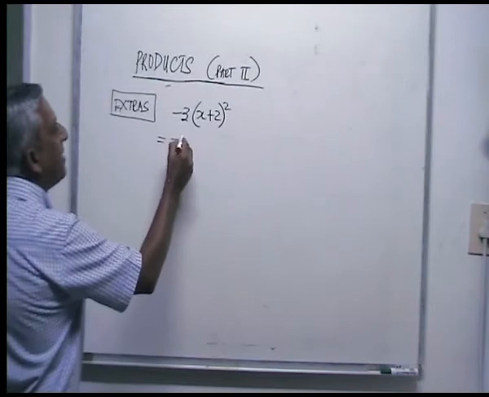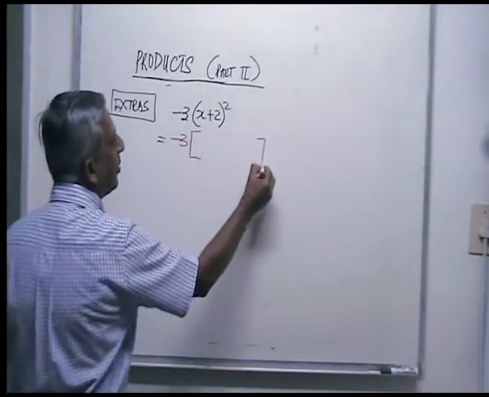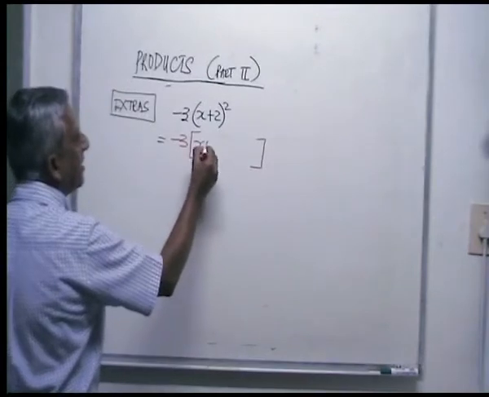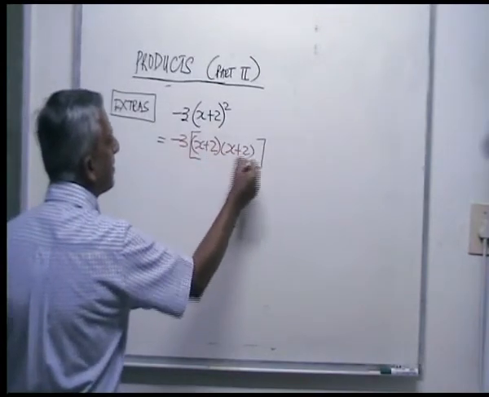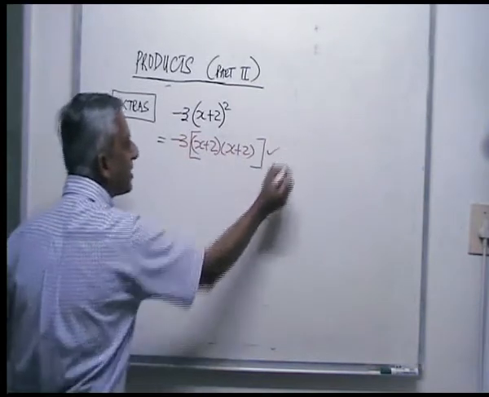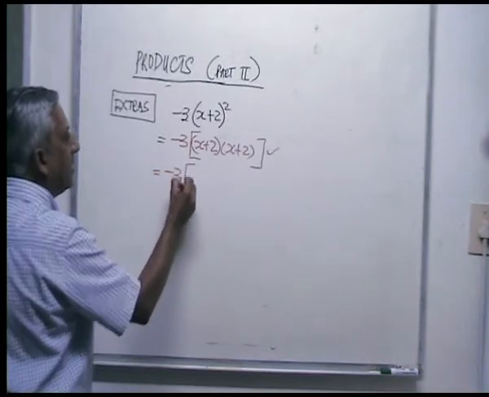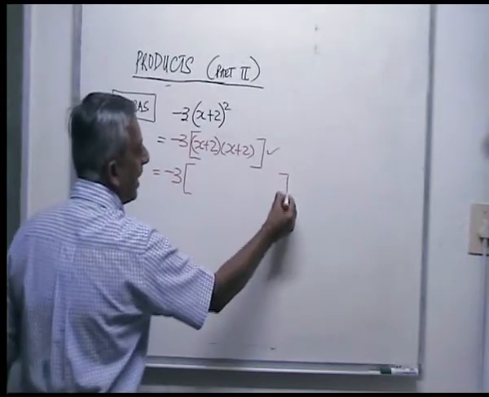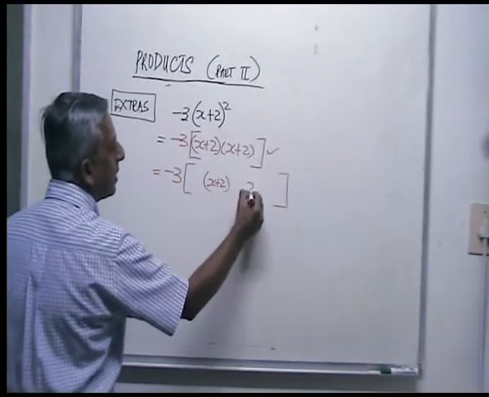So you wrote minus 3 here and you put in your square bracket there, and you put in your square bracket, then you said right. First, I could write that down 2 times. Okay, hopefully you got that step right. Then you said right, bring down the minus 3, keep this bracket here, write down this bracket 2 times.